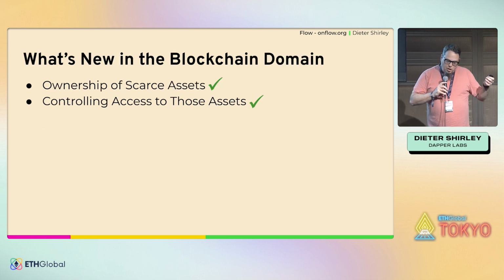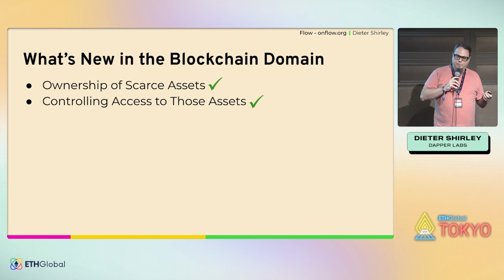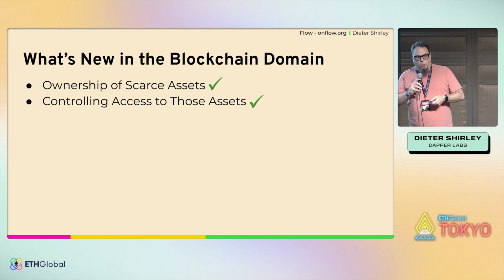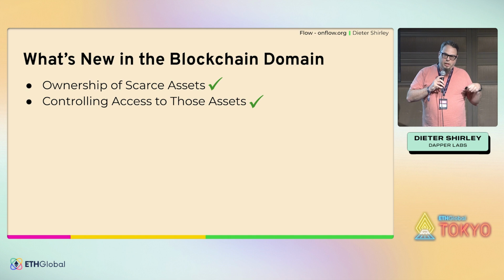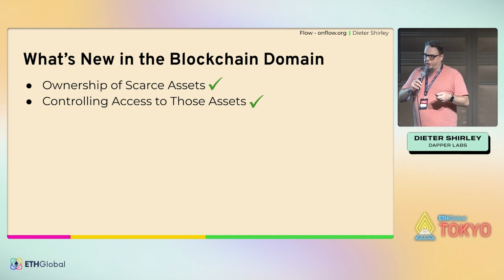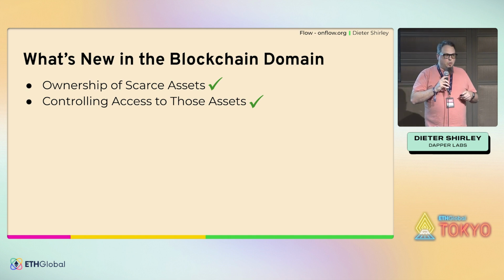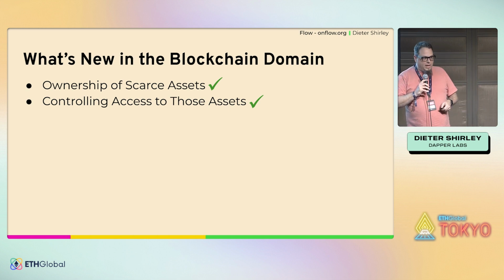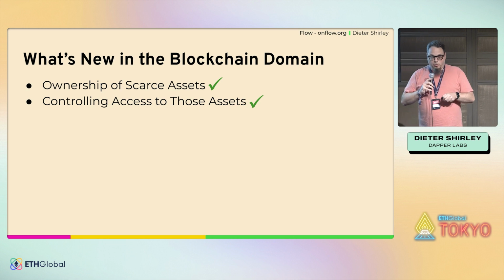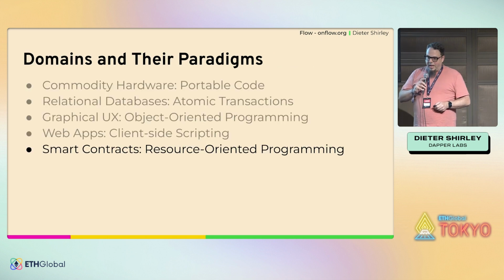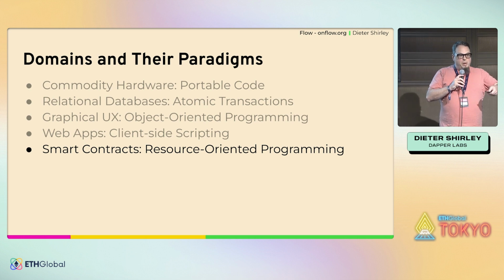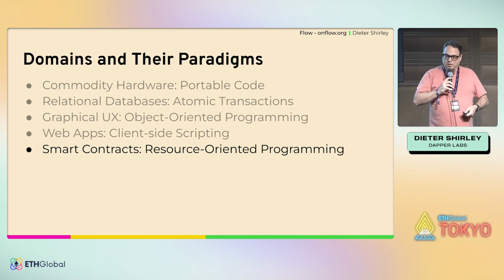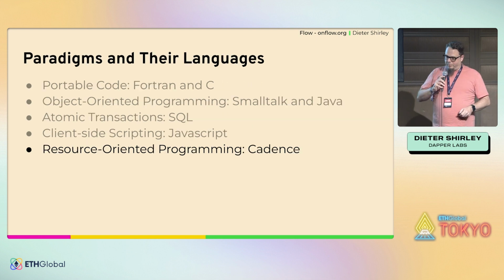So this one construct, these resource types, seem to solve these two problems that are introduced in the blockchain domain very neatly. And that's one of the reasons why in our Flow blockchain, we implemented a new language called Cadence that is resource-oriented. We have this new domain, smart contracts, and we think the new paradigm for implementing these things is resource-oriented programming.